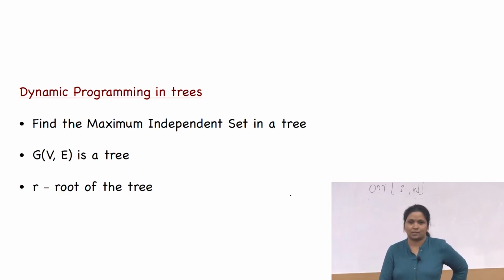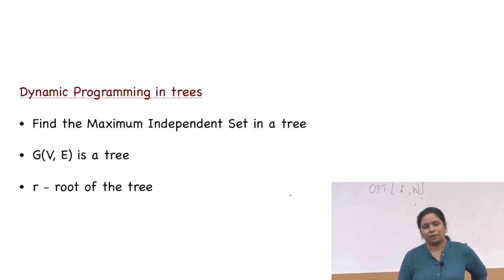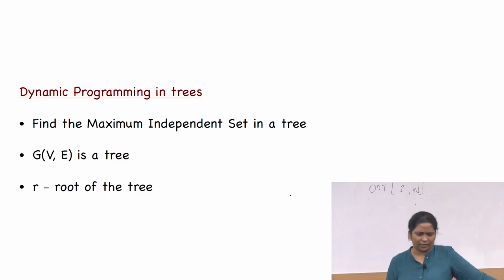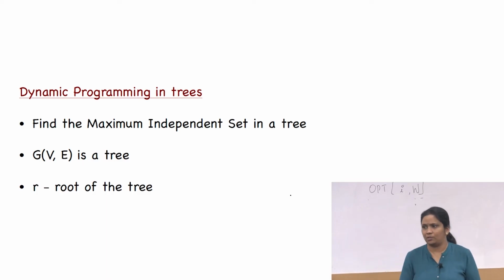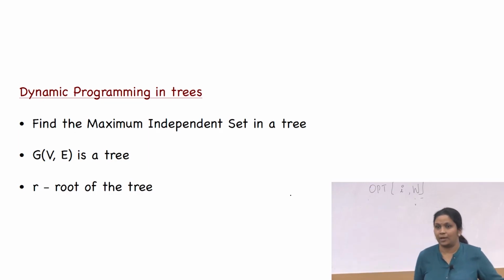Greedy is not always the best; you can think of counterexamples. Alternate levels may not work, and also it's an arbitrary tree, not a full or complete tree. We had an order in the path, a linear order that made defining subproblems easy. But trees also have an order.